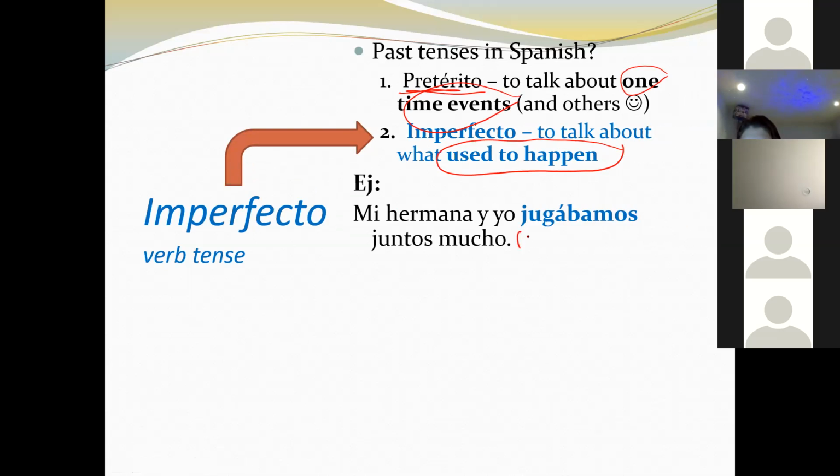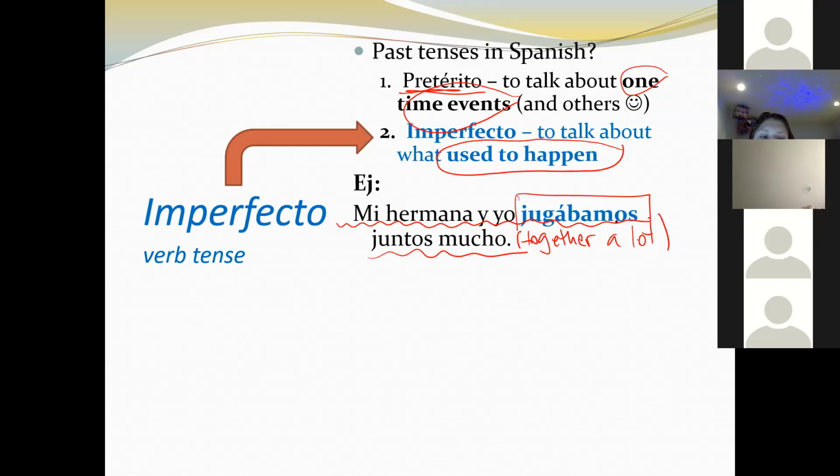Juntos mucho means together a lot. So Caitlin, can I ask you, in this example, mi hermana y yo jugábamos juntos mucho, what is the verb? Isn't it jugábamos?